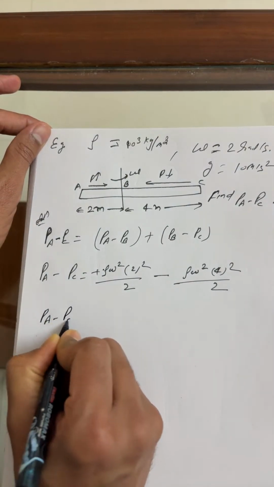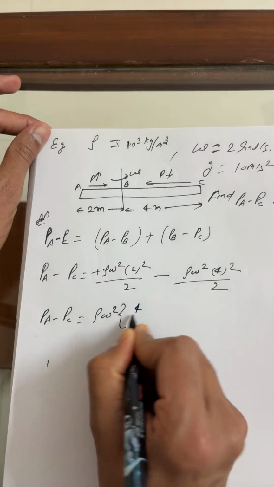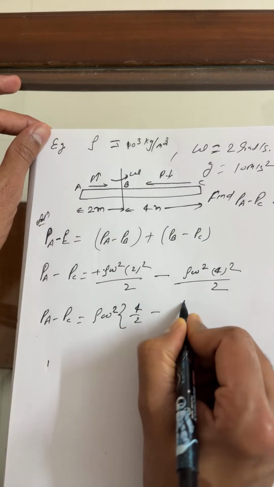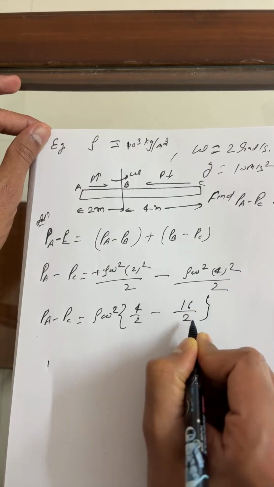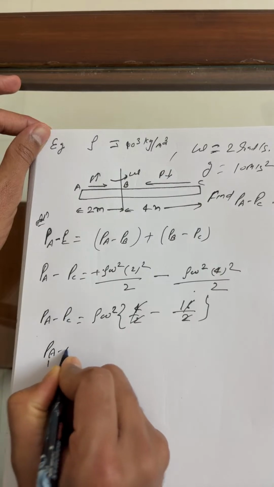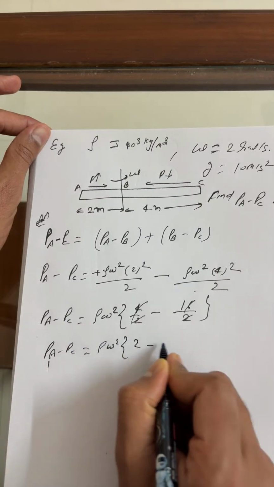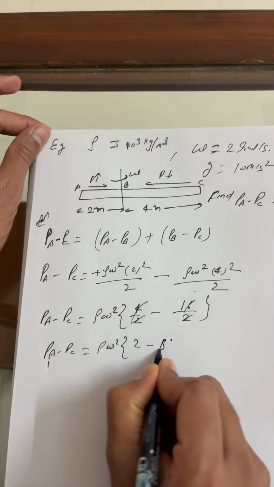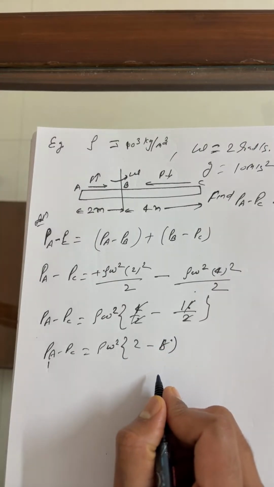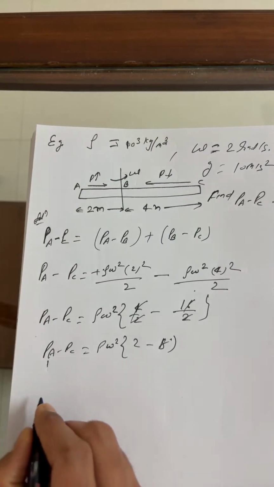Pressure at A minus C is rho omega square times 2 to the 4 by 2 minus 4 to the 4, that is 16 by 2. This is 8, this is 2. So pressure at A minus C will be rho omega square times 2 minus 8. So we get pressure negative here.